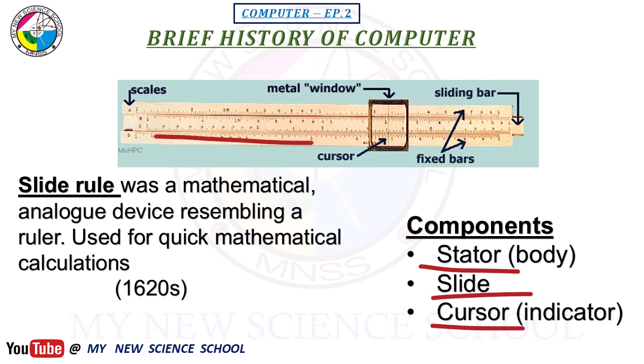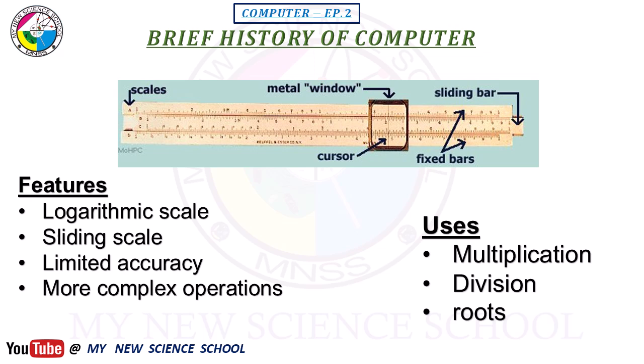This is a ruler, here is a ruler, and in between is another ruler which can slide in and out based on the calculation you want to do. It has a cursor here and a window, which is also metal, from which readings can be taken. The use of this machine is multiplication, division, and also roots.